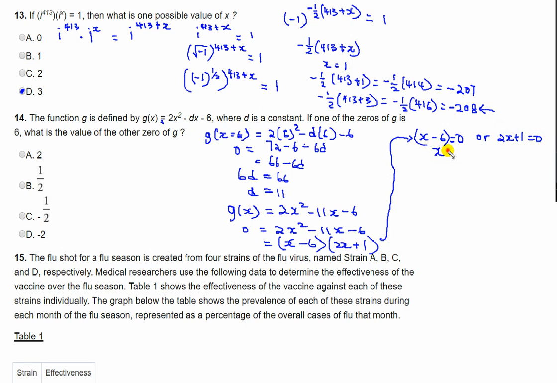So x equal to 6, or x equal to minus half. This one, 6, has been given, so the other answer will be minus half. So the answer will be this.